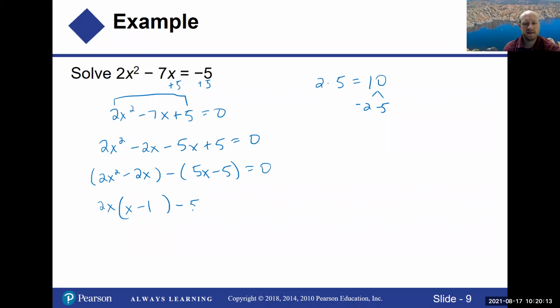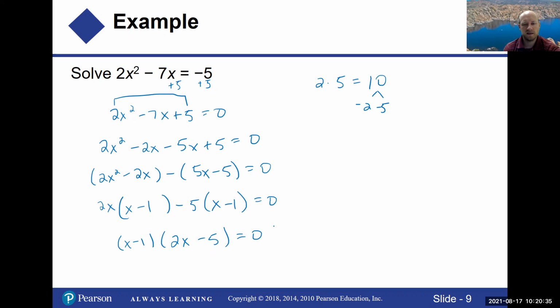And then this parentheses, I can take out a 5, which also leaves us with x minus 1 to get back to the plus 5, like we've talked about. And then I can combine these x minus 1s into just a single x minus 1, because those are the common factors. And then I have the 2x minus 5.